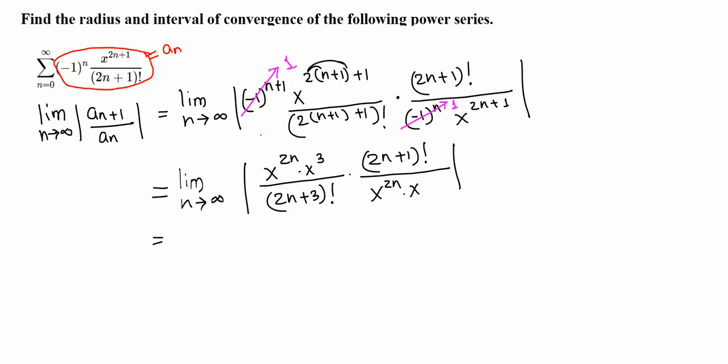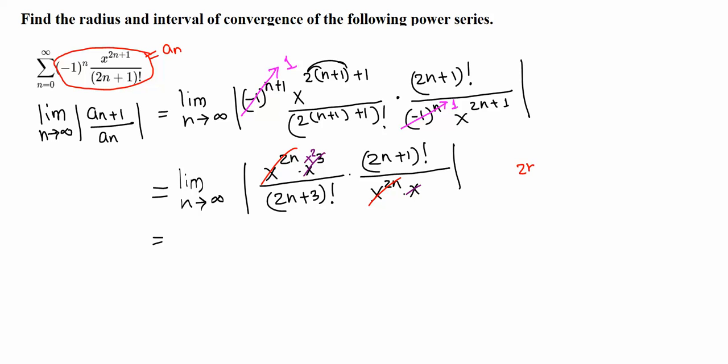Now we can cancel x^(2n) from top and bottom, and x^3 over x, we can cancel one copy of x, so 2 copies are left. Between (2n+1) factorial and (2n+3) factorial, this one is bigger, so let's expand (2n+3) factorial.